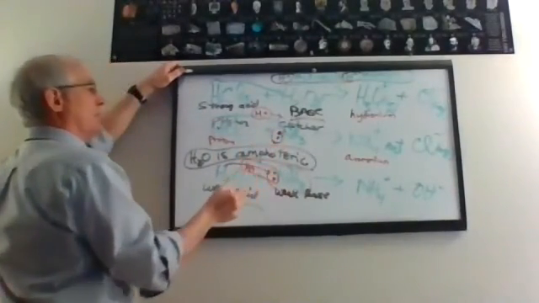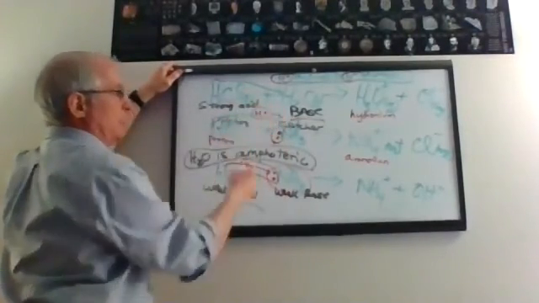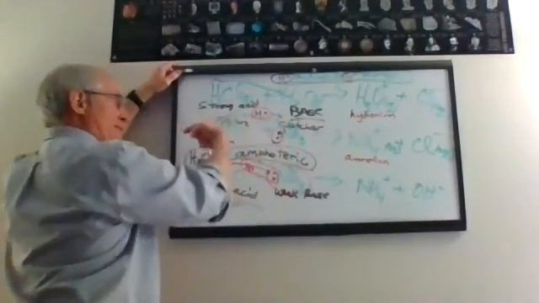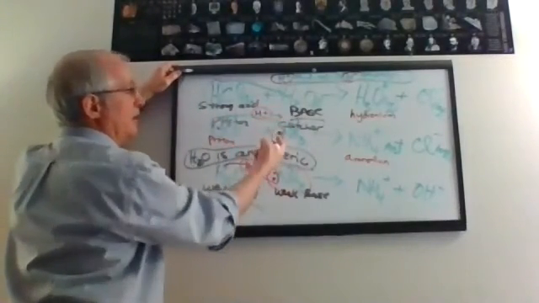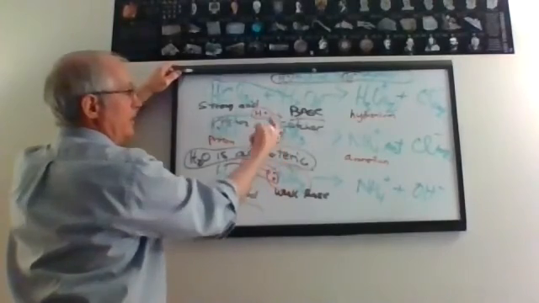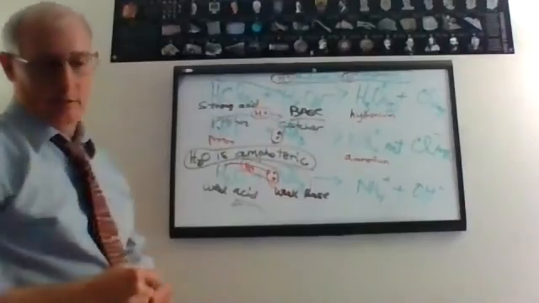It's donated. And so while Bronsted-Lowry looks at it this direction, Lewis looks at it this direction. These guys look at the positive ion flowing over here. This one says the negative lone pair is offering it to them. So that's a backwards thing.